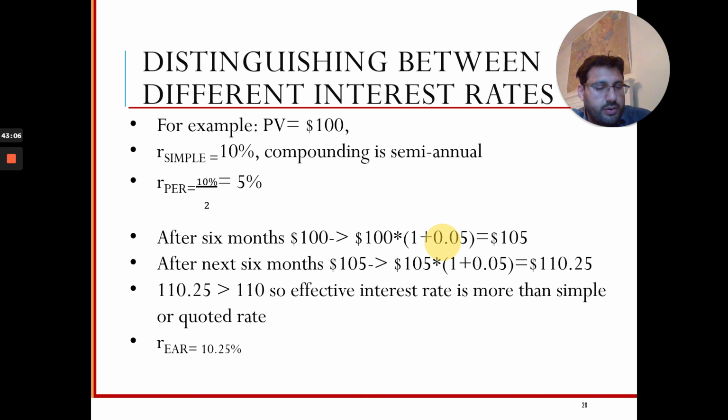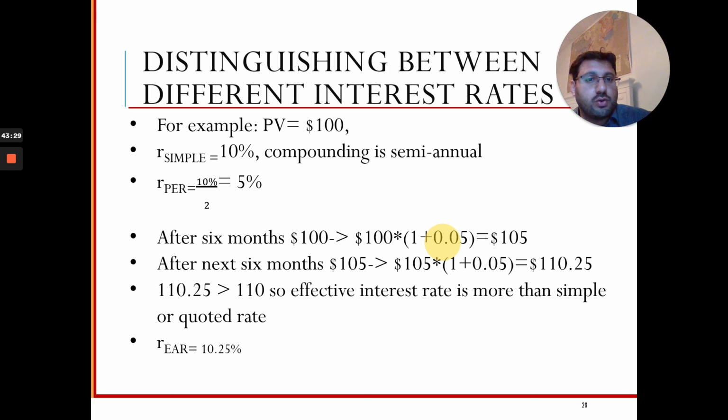When the compounding is more than 1 time, whether semi-annual, quarterly, monthly or daily compounding, your effective rate of return is always more than the simple interest rate, like in this case, because the interest is being paid 2 times in a year.